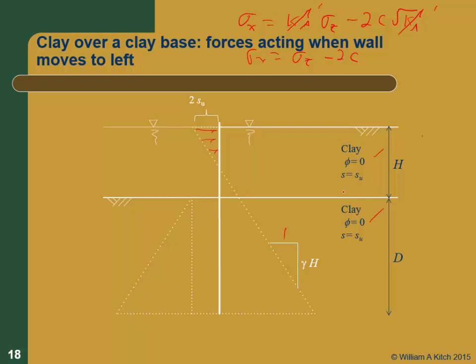So that's your active earth pressure envelope on the back side of the wall. And the intersection right here is going to be gamma h minus 2 times SU, right? Because the vertical stress there is going to be gamma h. It's going to be important in just a second. And the intercept at the bottom is going to be gamma times h plus d minus 2 times SU.